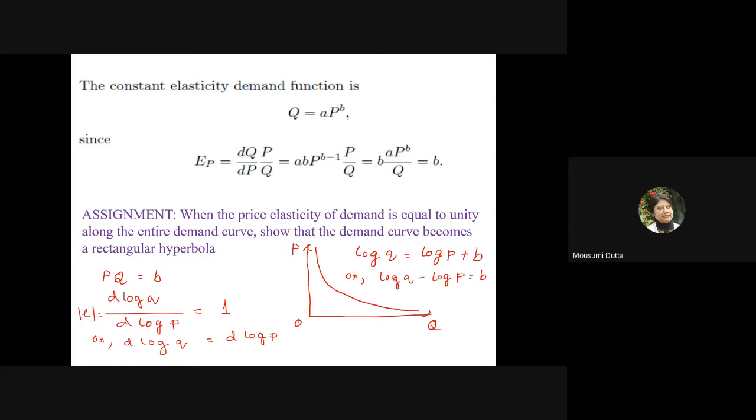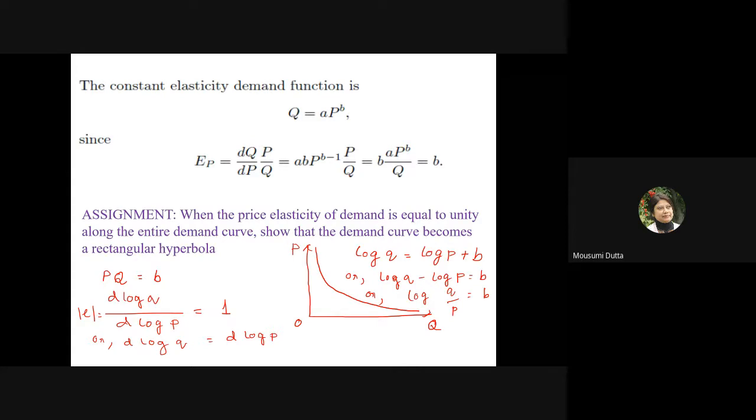So what I'll write, please tell me. Anyone, please tell me. Log Q by P is equal to B. After that, am I right?